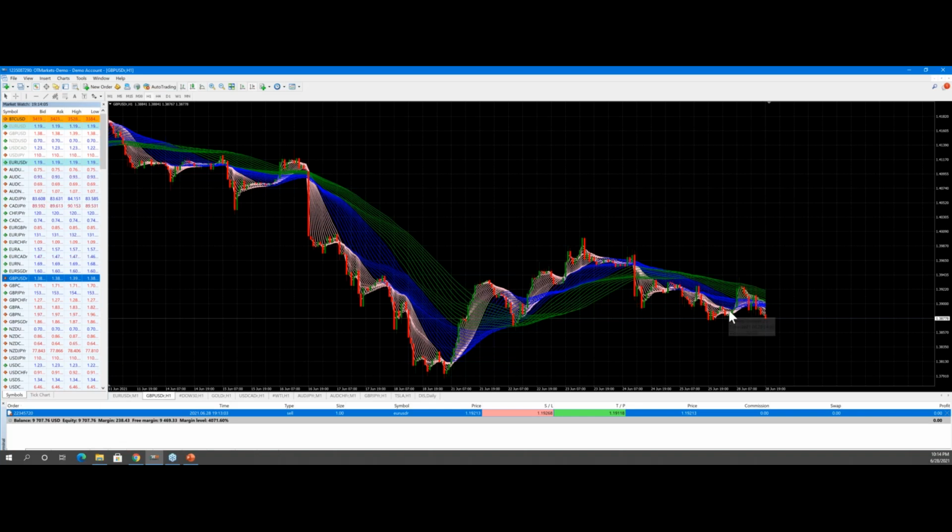The pound, you can see also that the pink was below the blue and the green, and it was perfect when the market went against, and we averaged in the blue area and the green area. Now it could have been in profit.